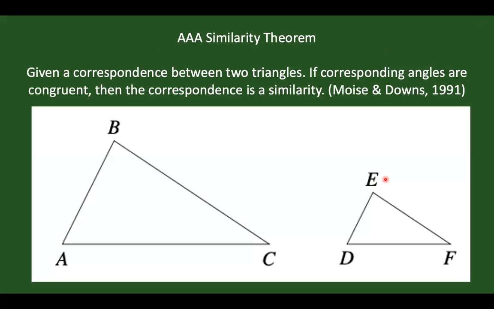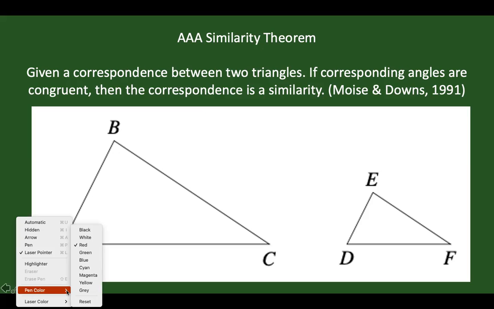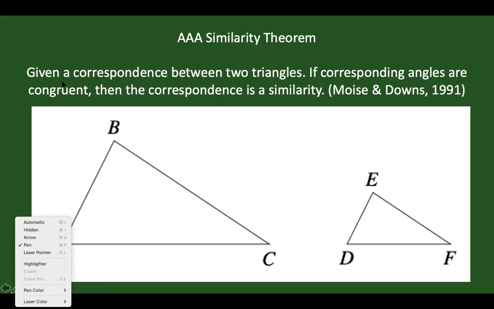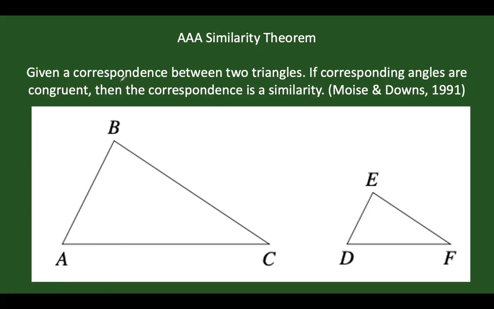Now, let's discuss the angle-angle-angle similarity theorem first. Now, it says here, according to Moise and Downs, given a correspondence between two triangles, so there must be a correspondence between two triangles.